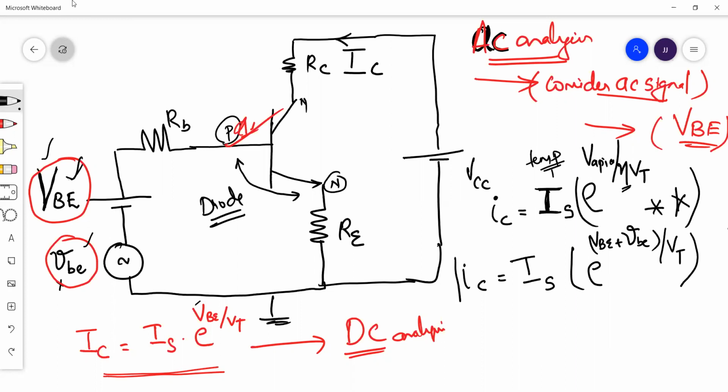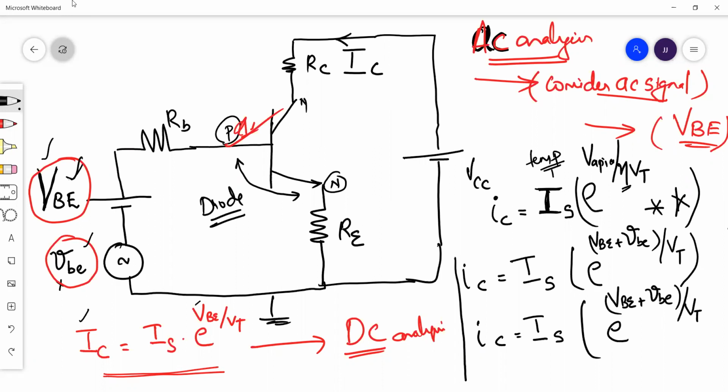So in AC analysis, the small IC will be equal to capital IS into e raised to capital VBE plus small VBE by VT.